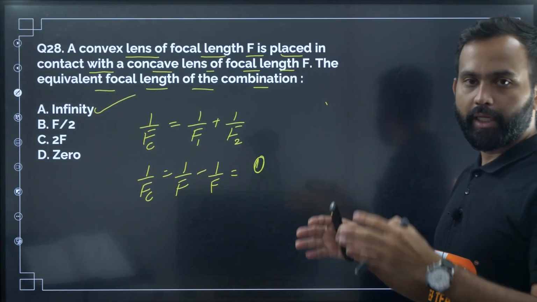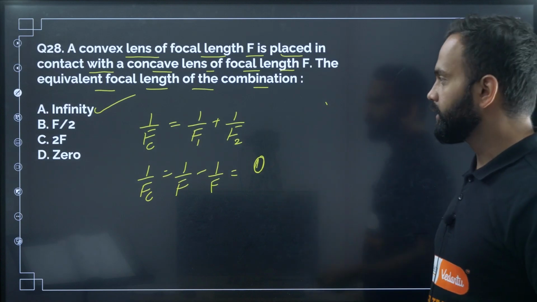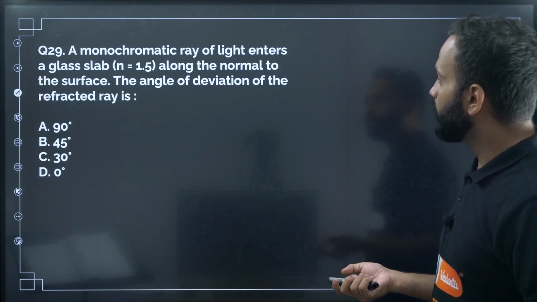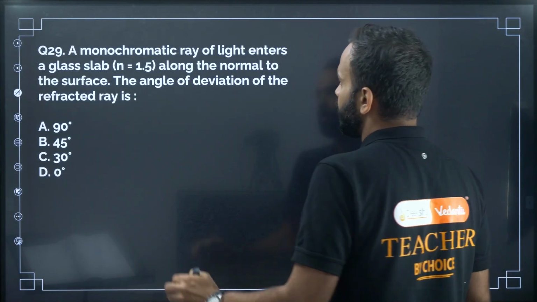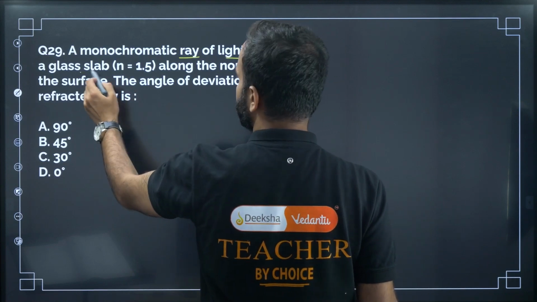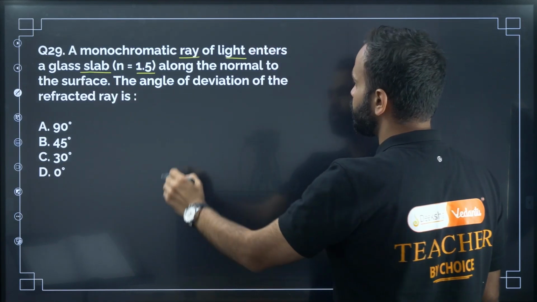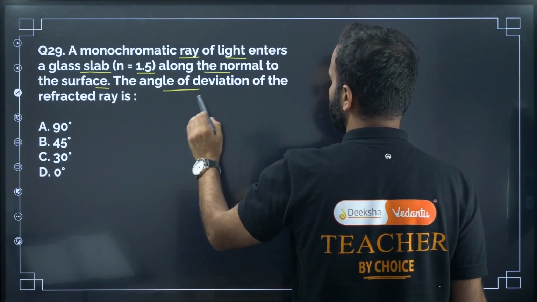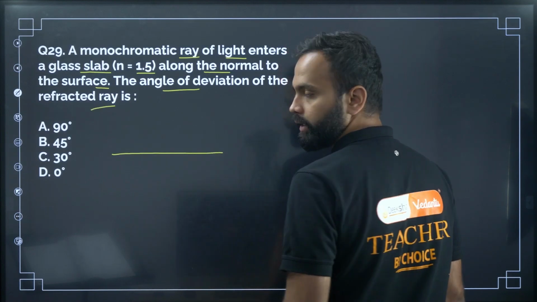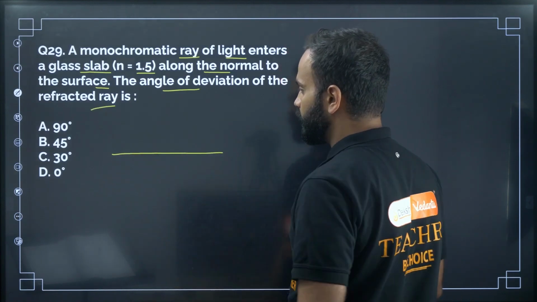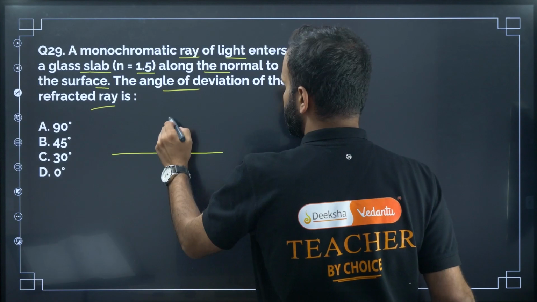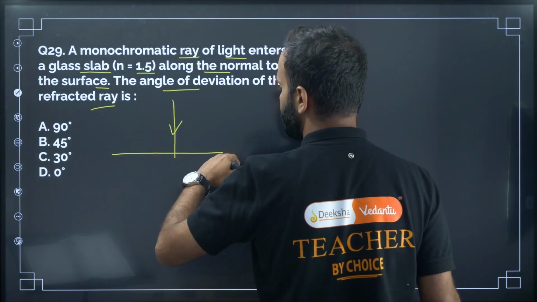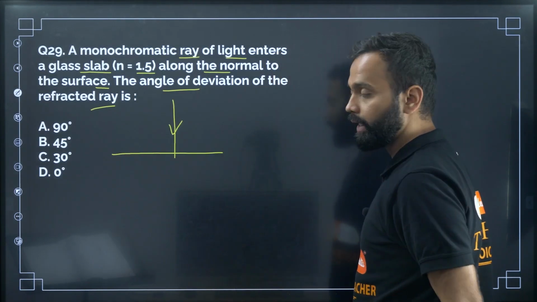So it behaves like a plain glass, right? Question number 29. A monochromatic ray of light enters a glass slab, refractive index 1.5, along the normal to the surface. The angle of deviation of the refracted ray? So this is the interface between the air and glass slab. This is how the incident ray falls on the glass slab.